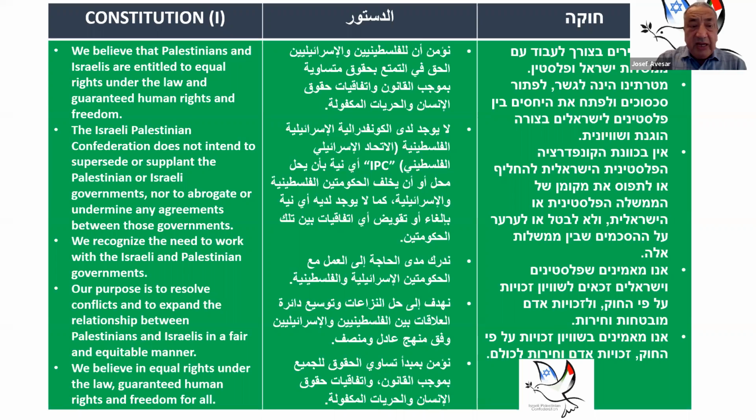So whatever they agree between themselves is fine with us. We are constitutionally prohibited from interfering with those agreements. So if they agree on two states, if they agree on a border, if they agree on one state, whatever they agree, we are accepting that constitutionally. We cannot undermine those agreements.